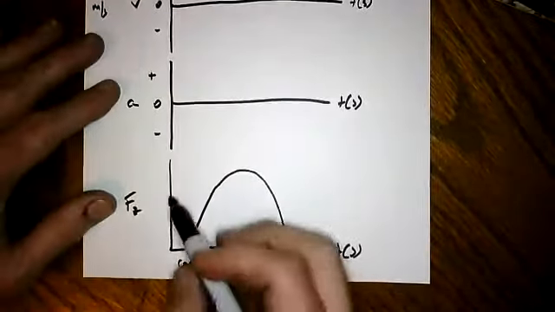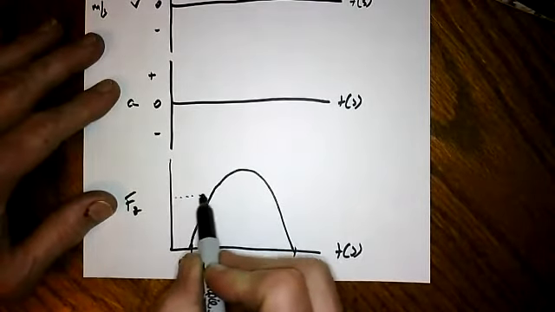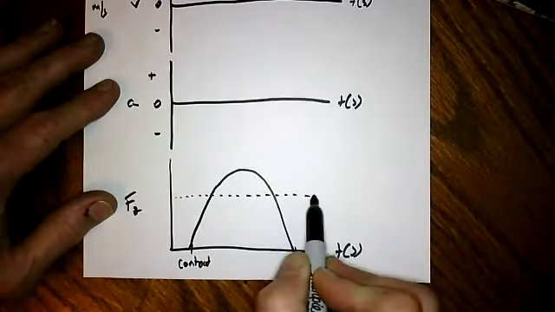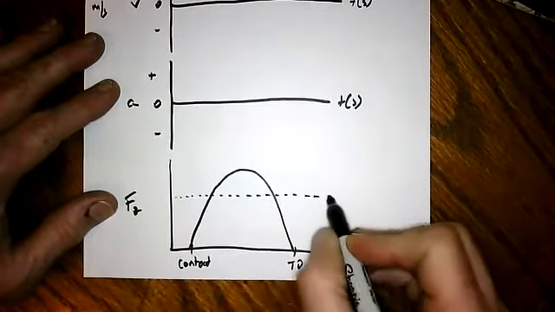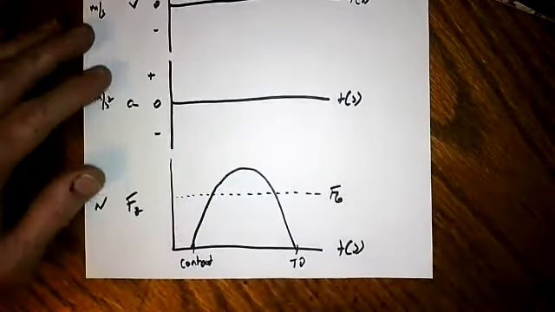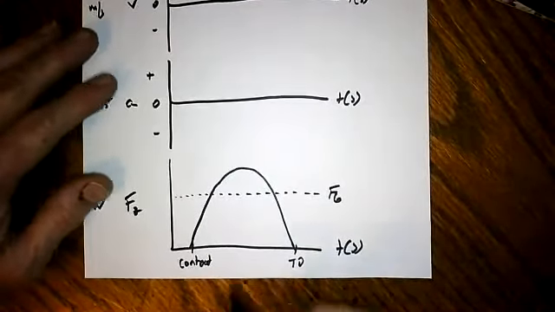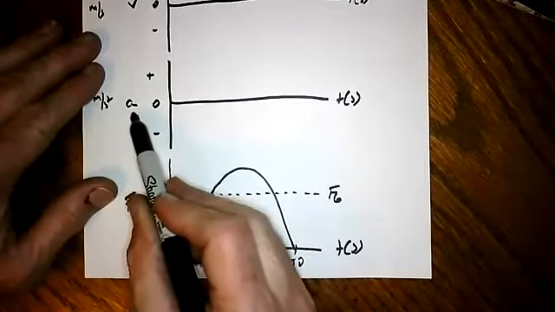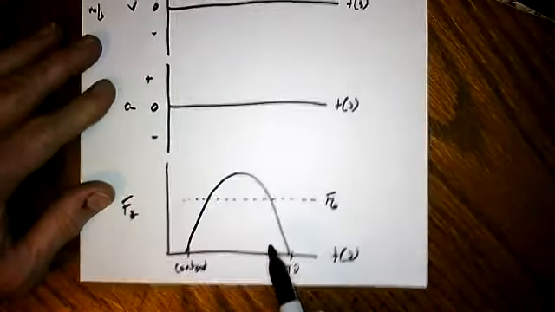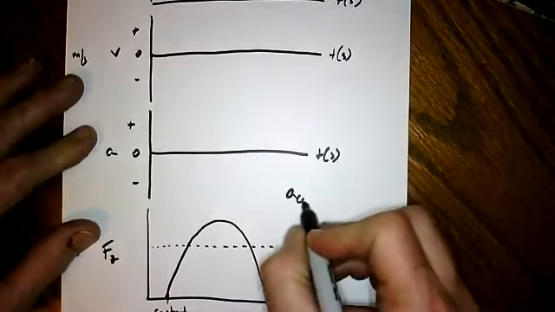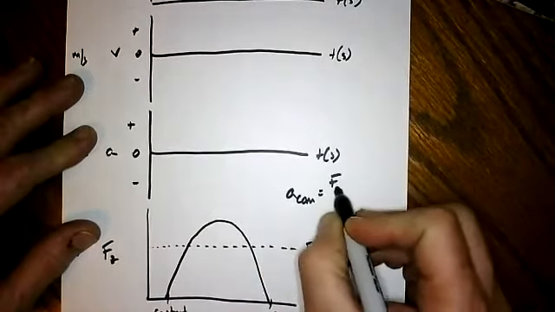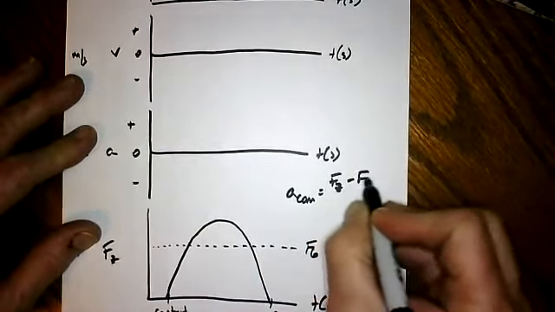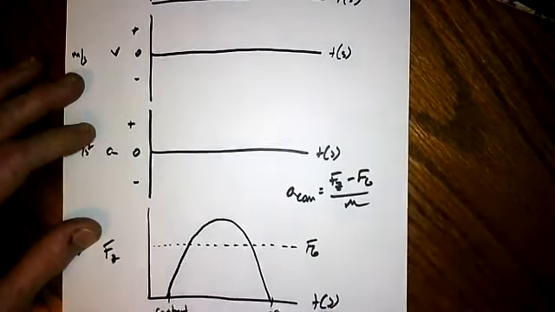I'll draw a dotted line roughly to represent body weight. So what are we going to do? We're going to generate our acceleration profile using this equation, ACOM equals FZ minus FG divided by M.